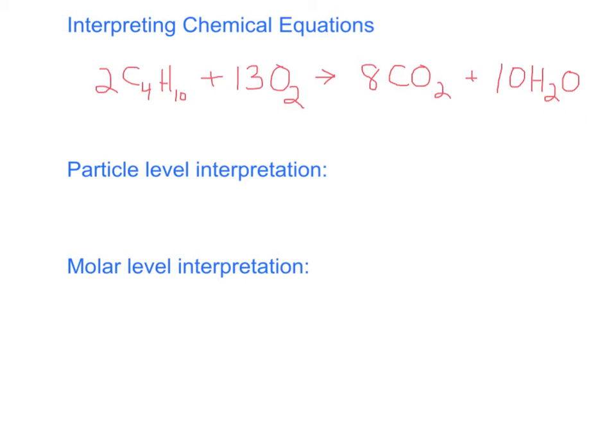Of course, a dozen is still not a real useful quantity in chemistry, which is why we use the mole. So scale it up to moles. So 2 moles of butane plus 13 moles of oxygen will form 8 moles of carbon dioxide and 10 moles of water. So when we start talking about moles of things, then we have an amount we can actually work with and realistically measure in a high school chemistry lab. So that's the interpretation.